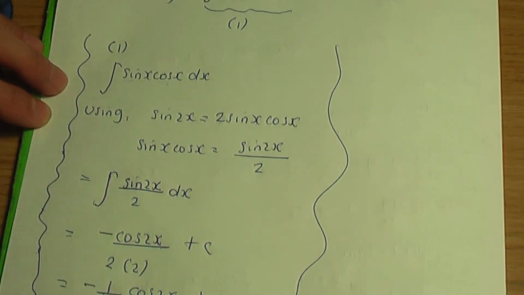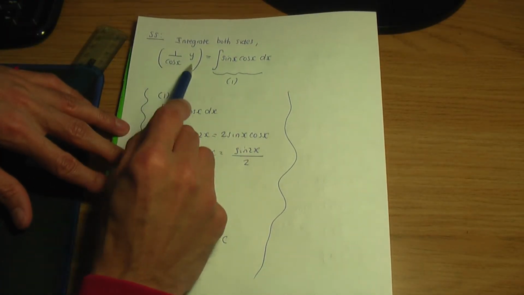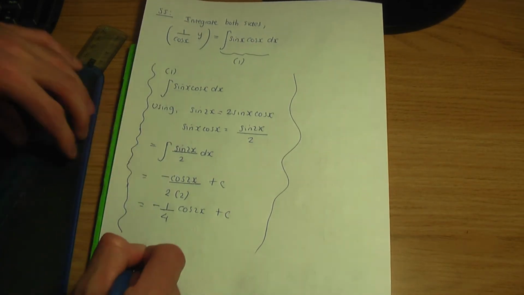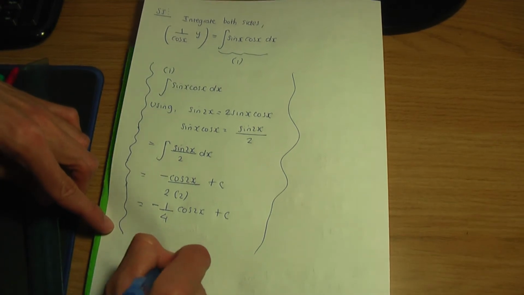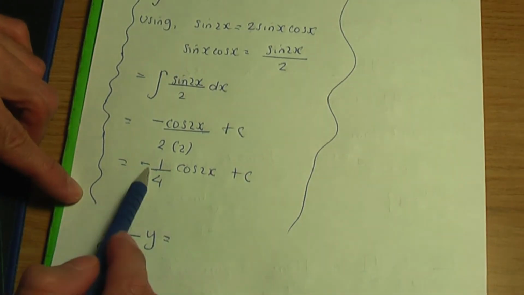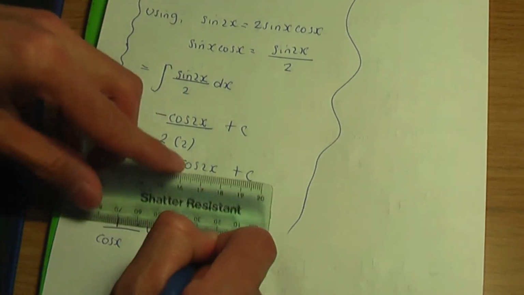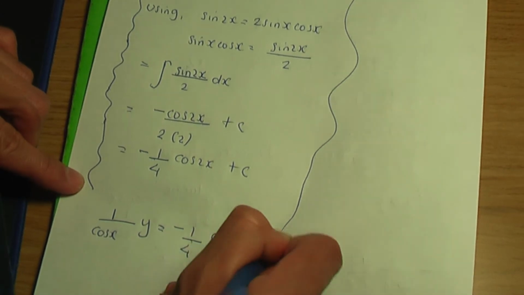Now going back to the main calculation, for the left hand term we have 1 over cos x times y, and for number 1, when we integrated, we've got minus 1 over 4 cos 2x plus c.